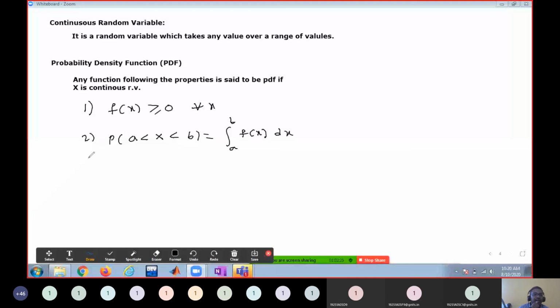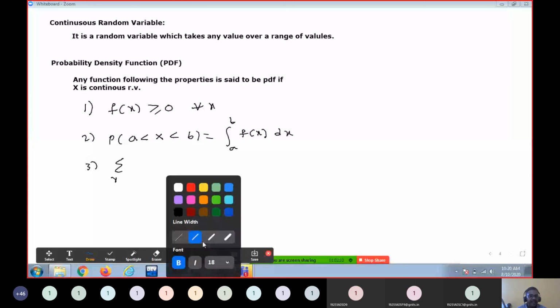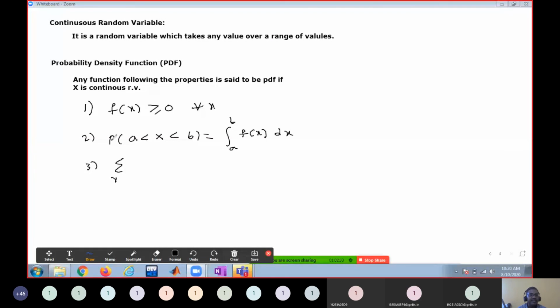And third one, the sum of all probability values. In case of a discrete random variable, sigma will come into the picture. In case of a continuous random variable, integration will come. For discrete we take sigma, for uncountable infinite we take integration.